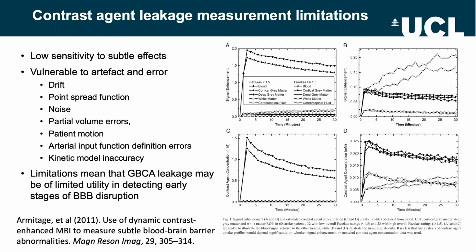For example, if you're trying to extract blood flow measurements at the same time as measuring leakage, then you need a much higher temporal resolution. Whereas if you're content just to limit yourself to things like blood volume rather than blood flow, then you can afford to go to a much longer temporal resolution. And the main consideration is signal to noise ultimately, and the spatial resolution that you want to obtain.